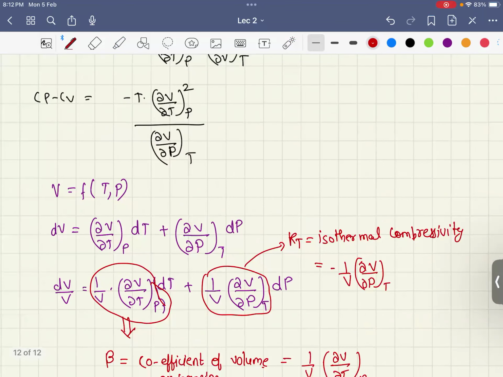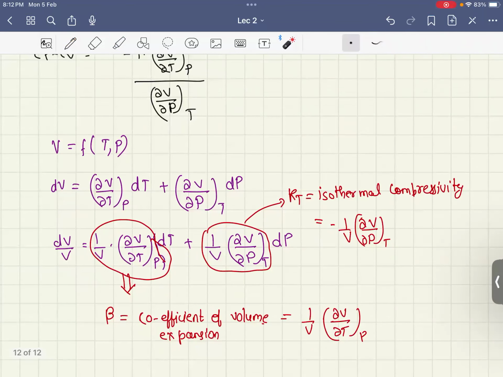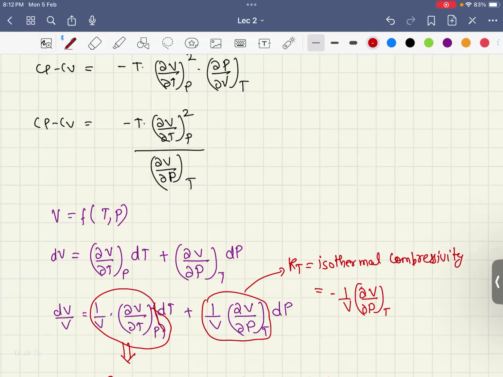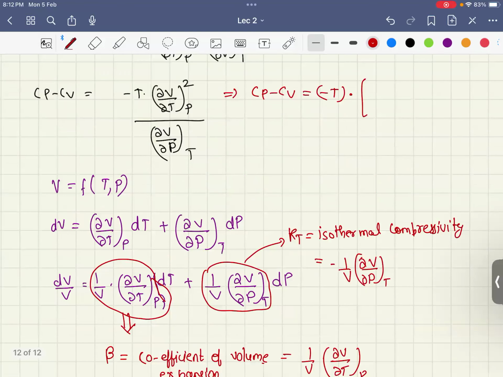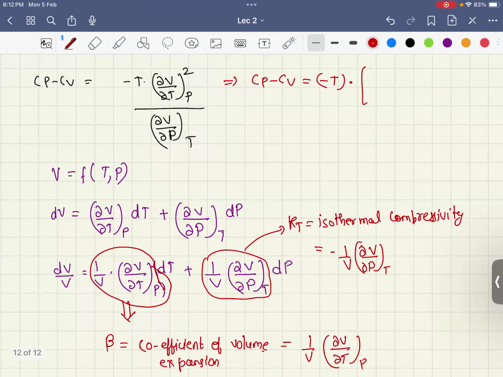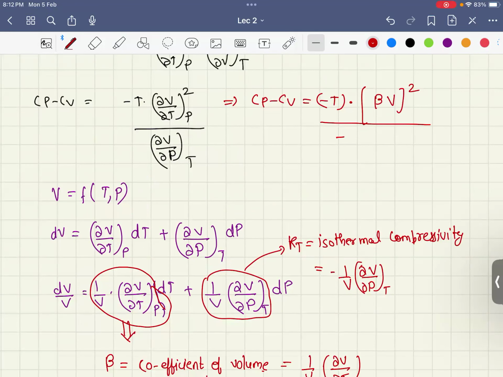If we incorporate this beta and this KT value in the expression, we get Cp minus Cv equals minus T multiplied by (dou V dou T at constant P) square, which is beta V square, divided by minus KT into V. So this V cancels, and Cp minus Cv is beta square V T by KT.